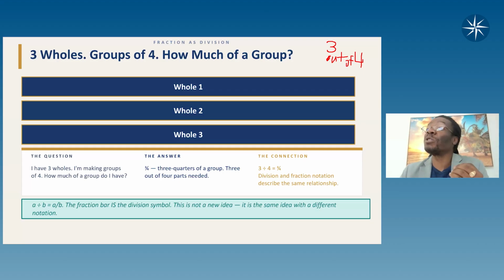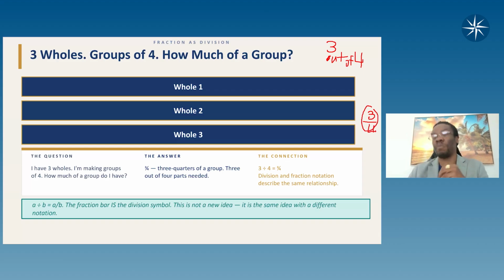So if I have 3 out of the 4 parts, I have 3/4 of what I need to make that group. If they understand that 3 over 4 is conceptualized this way, it will help later on. I'll show you, right?